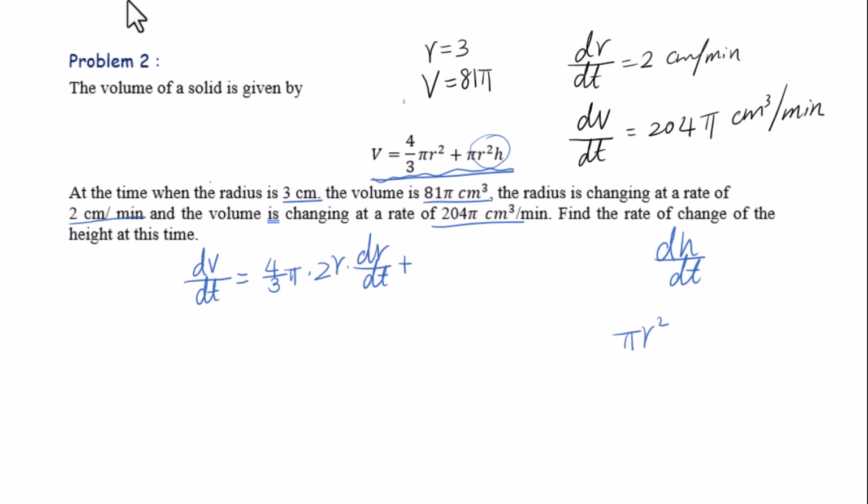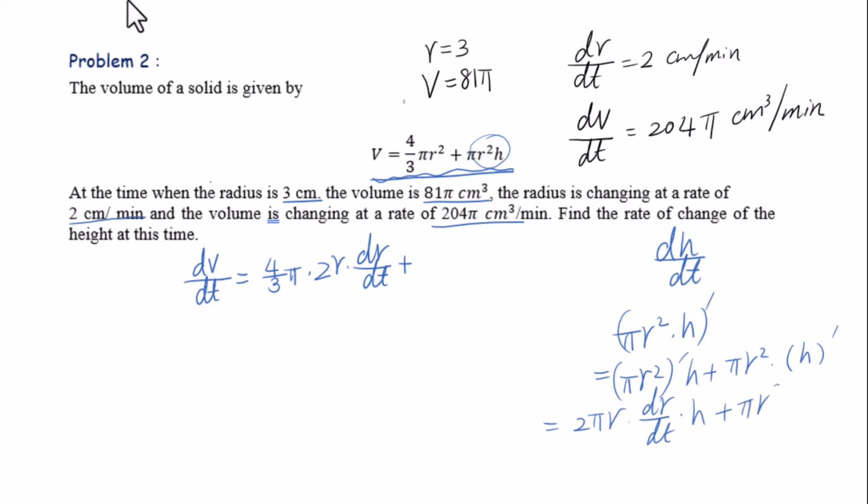Pi r squared times h, derivative equals pi r squared prime times h plus pi r squared times h prime, equals 2 pi r times dr/dt times h plus pi r squared times dh/dt, that is 2 pi r h dr/dt, then plus pi r squared dh/dt.